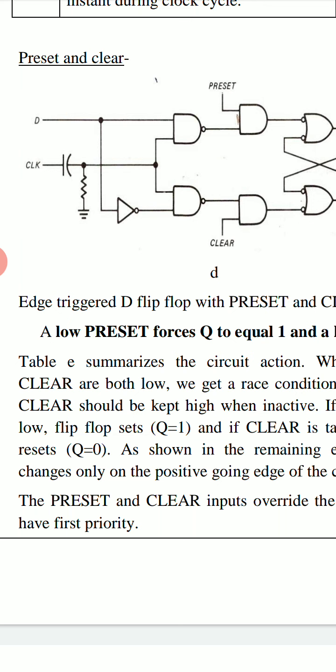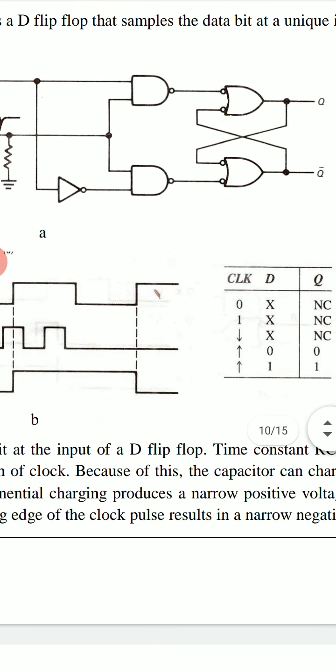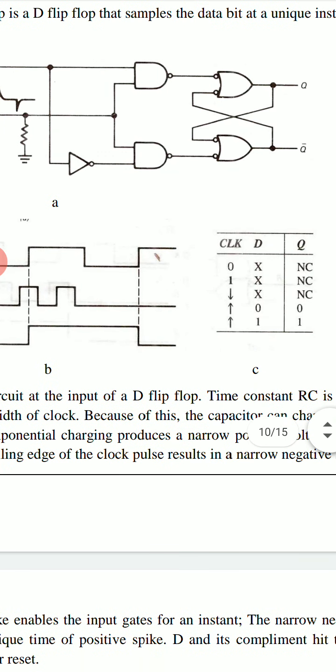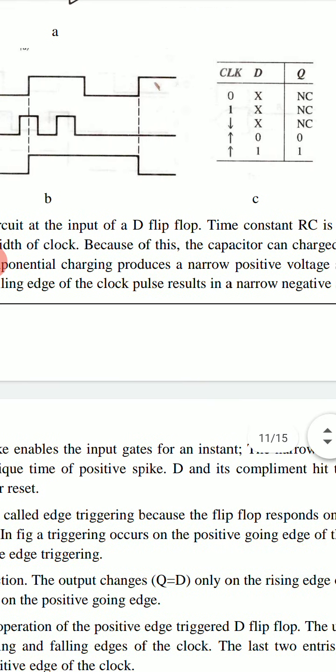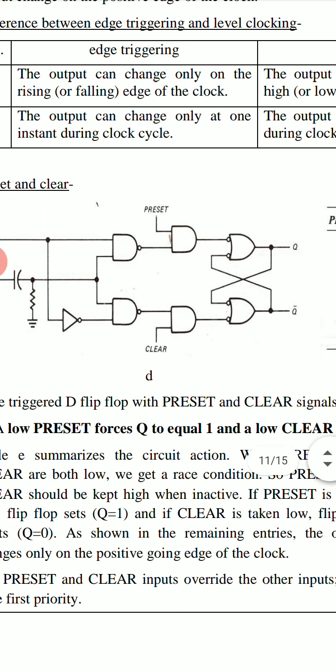This circuit using preset and clear is similar to this previous circuit, except that in between these gates we have inserted two AND gates, and output of upper NAND gate goes to input of upper AND gate, and output of lower NAND gate goes to input of lower AND gate, and preset is the input of upper AND gate and clear is the input of lower AND gate, and the remaining circuit is same.